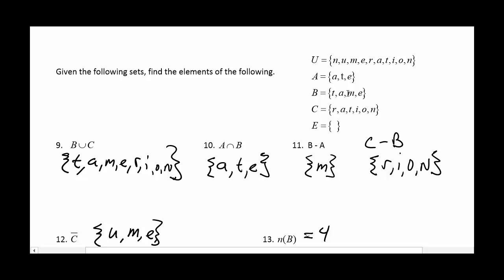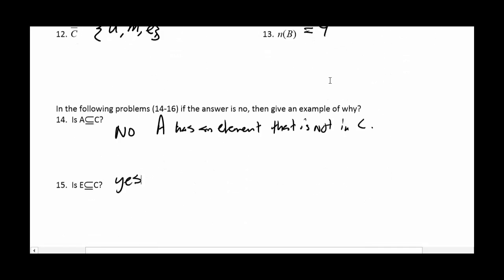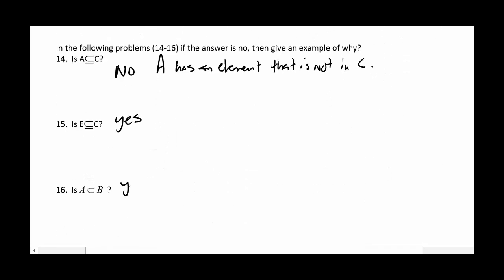So A is in fact a subset of B. The question is, is it proper? Proper would mean I know for a fact that there's more stuff in B than there is in A. The M is in B, but it's not in A. So B is a bigger set than A. So that actually is yes.